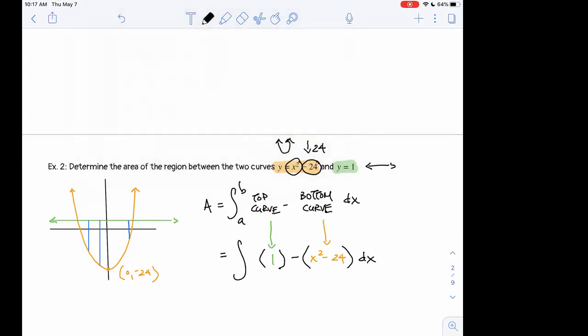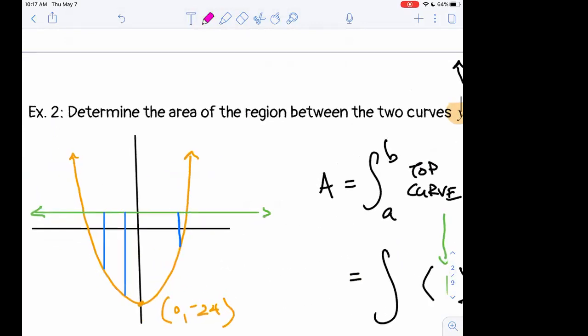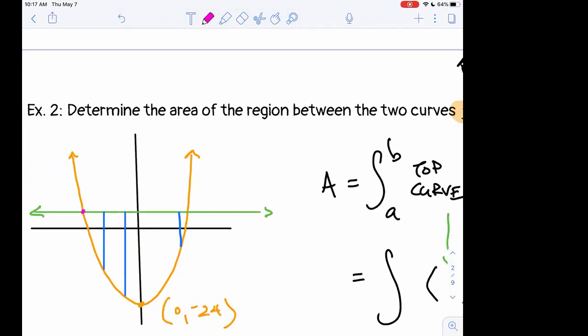Now I need to find out my a and my b. So let's go back to our diagram. I know that here is the first time they cross because we look at this from left to right. And this x value will be my a.